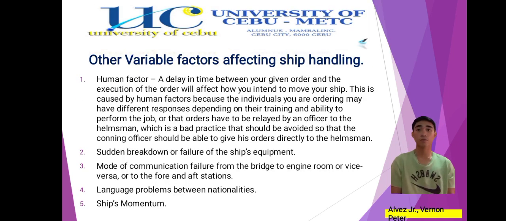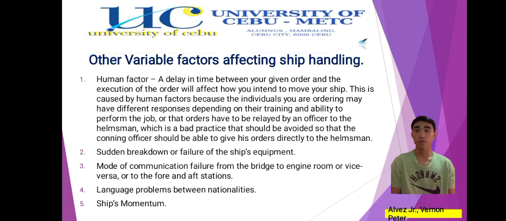The other variable factors affecting ship handling. There are five. The first is the human factor. A delay in time between your given order and its execution will affect how you intend to move your ship.